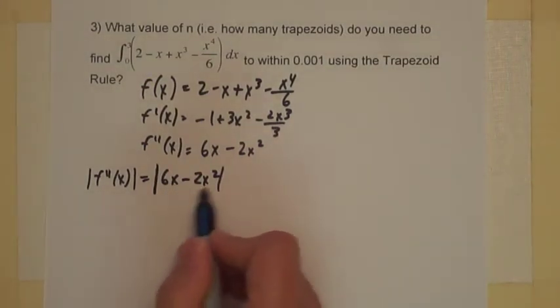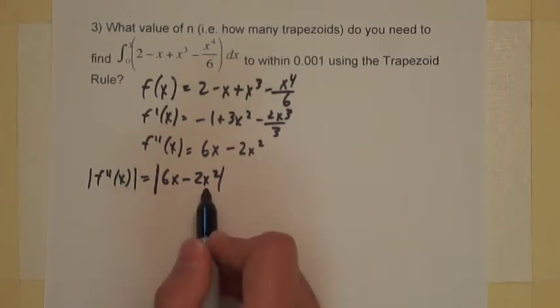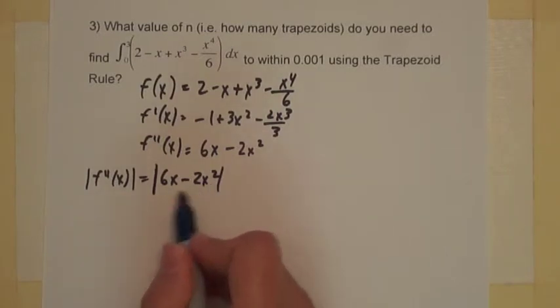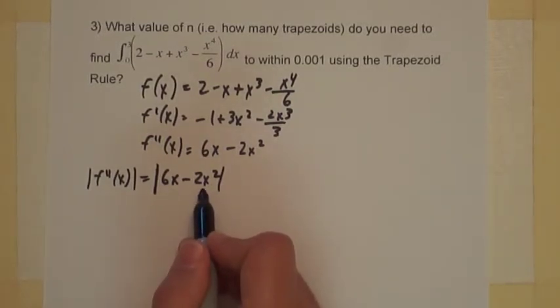And this is a little tricky of a problem. It's not as simple as the previous example, 2 over x cubed. So it's actually kind of hard to figure this out without taking a few minutes. So we're going to take a shortcut.